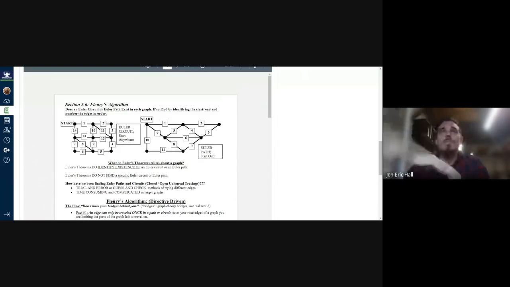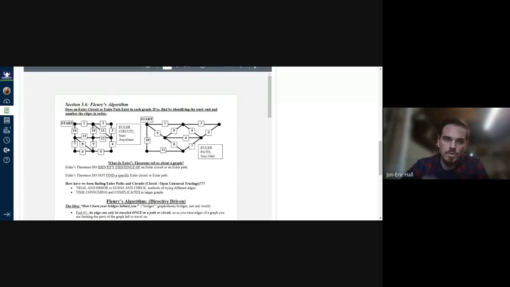Now, if you remember back in 5.5, we talked about Euler's theorems, and that was where we had those shortcuts that we learned about. If you haven't done that yet, you may want to go back and look over 5.5. It is very helpful for you to have those shortcuts to figure out what a Euler circuit is and a Euler path.